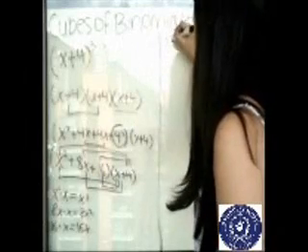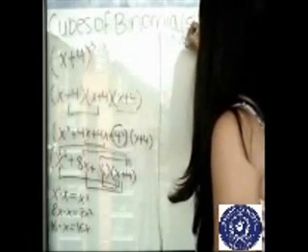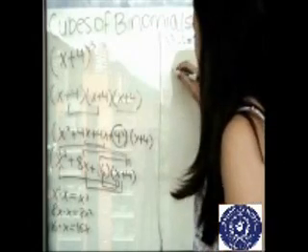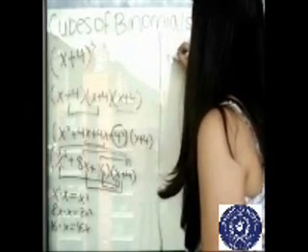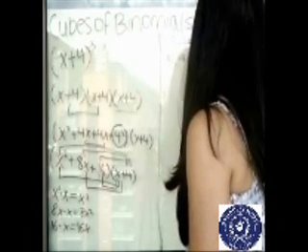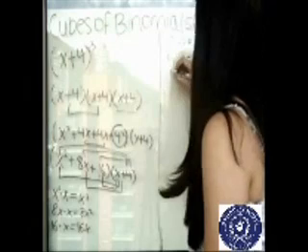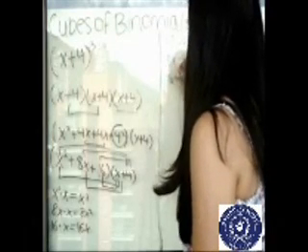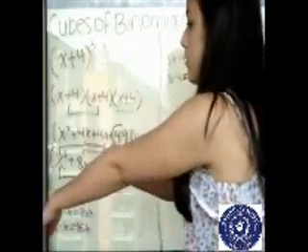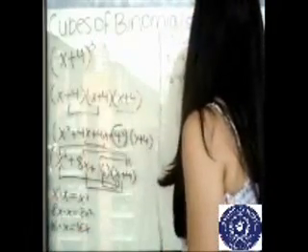X squared times 4 equals 4x squared. 8x times 4 equals 32x. 16 times 4 equals 64.